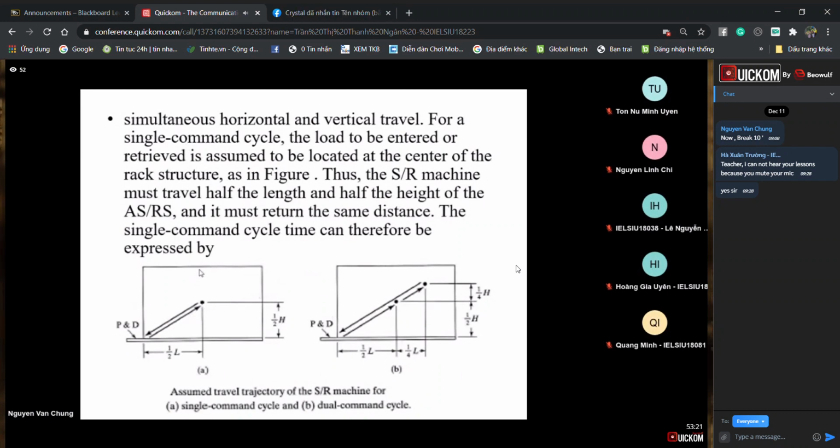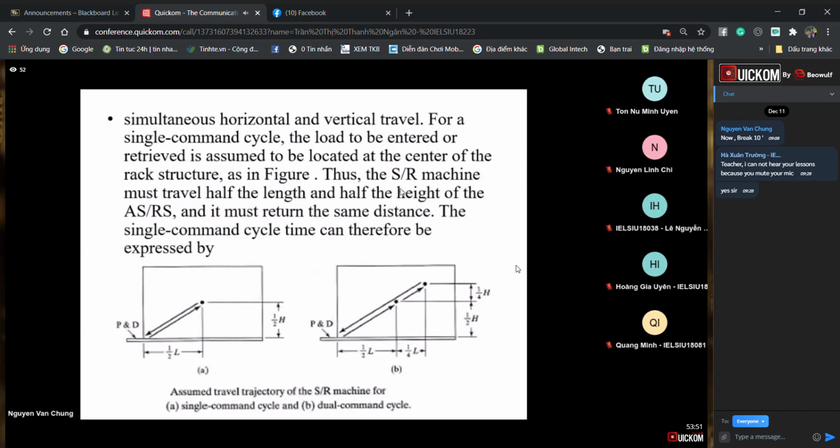For the single command, the load to be entered or retrieved is assumed to be located at the center of the structure. So this is half the height and half the length of the rack.